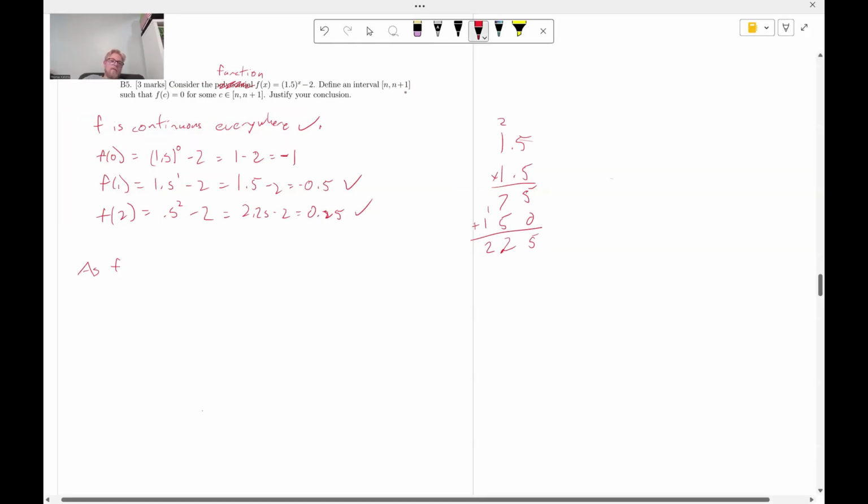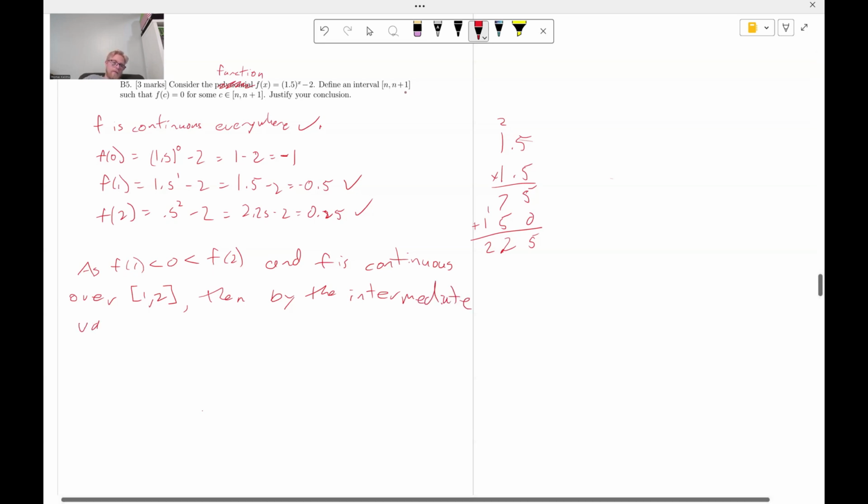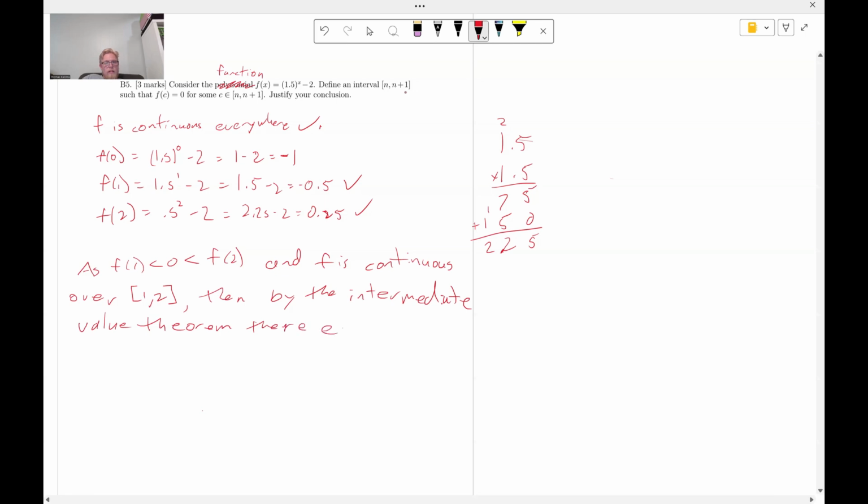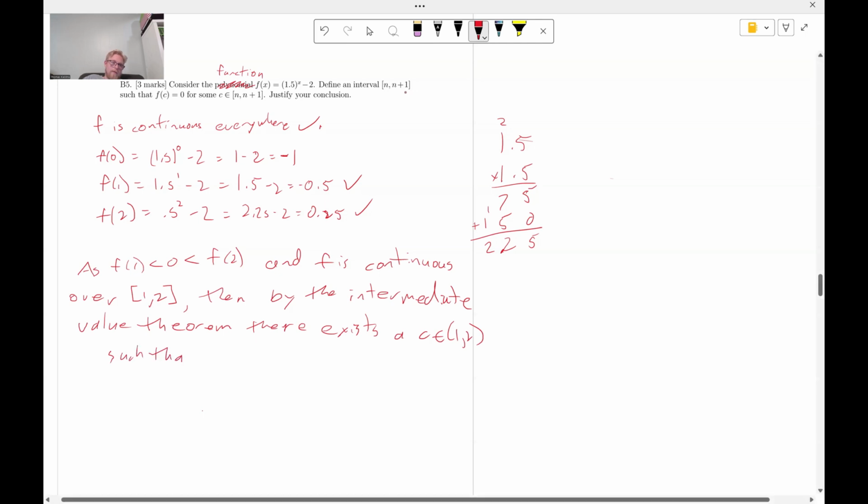As f of 1 is less than 0, which is less than f of 2, and f is continuous over 1, 2, then by the intermediate value theorem, there exists a c in the interval 1, 2, such that f of c equals 0.